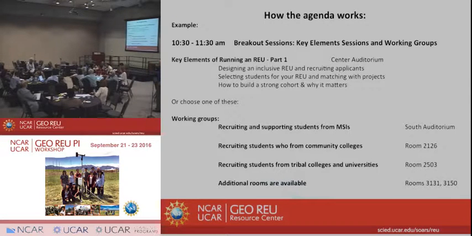So each mentor will get a sheet that has all of the students, but it also has students selected primarily based on the same interest levels. And then from that, the mentors are allowed to rank or pick their preferences.